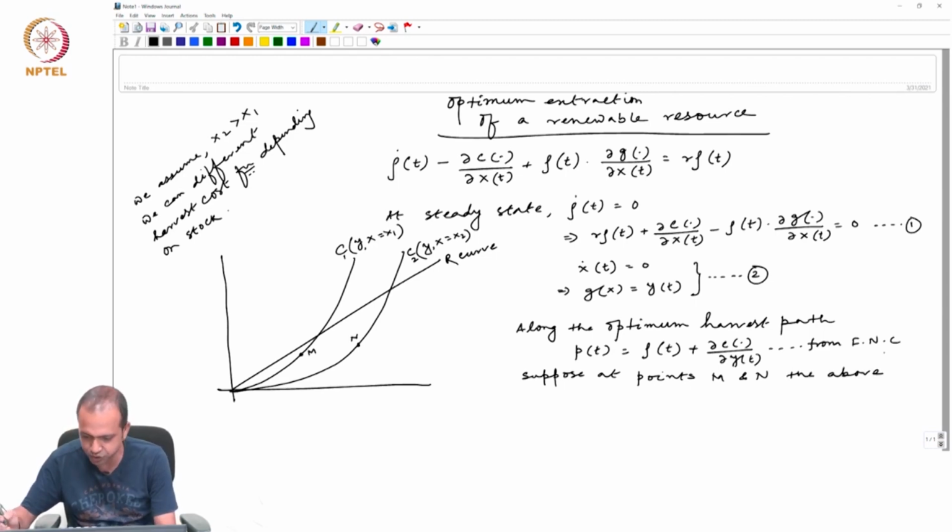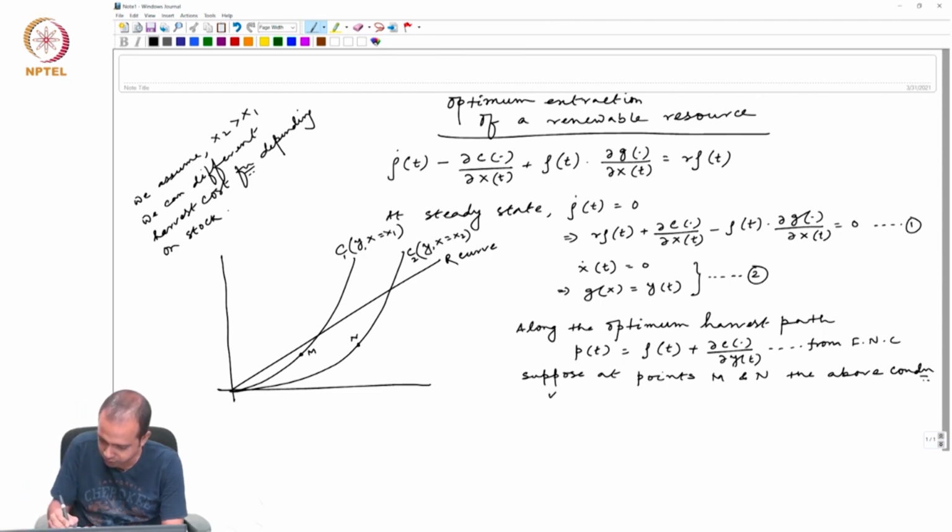That means this condition Pt equals rho t plus del C del Yt is satisfied.